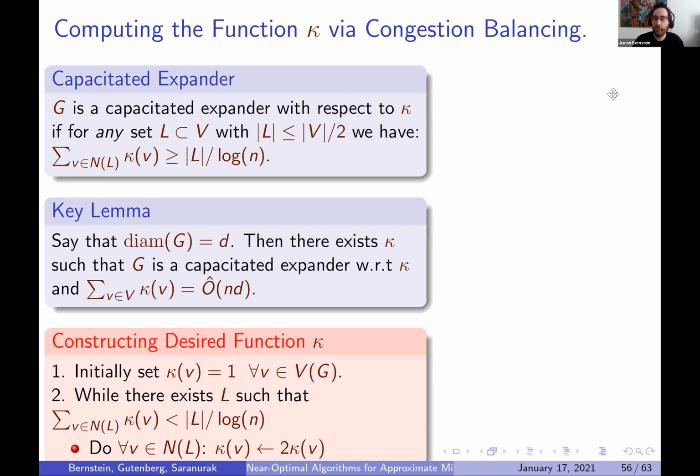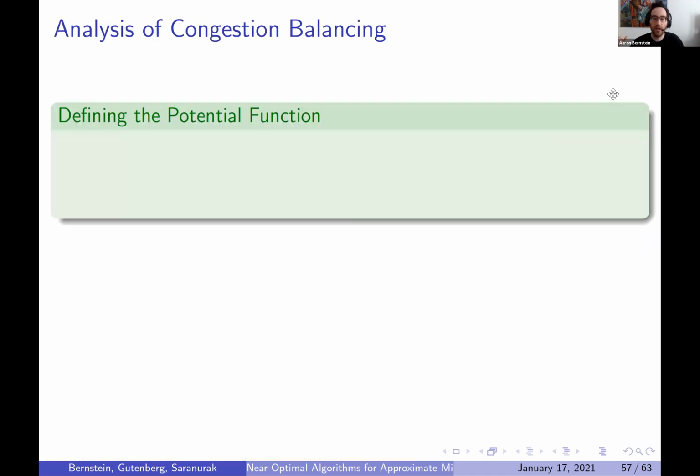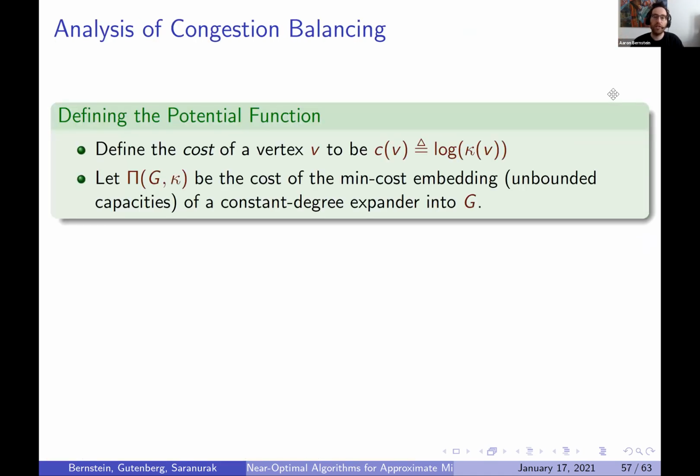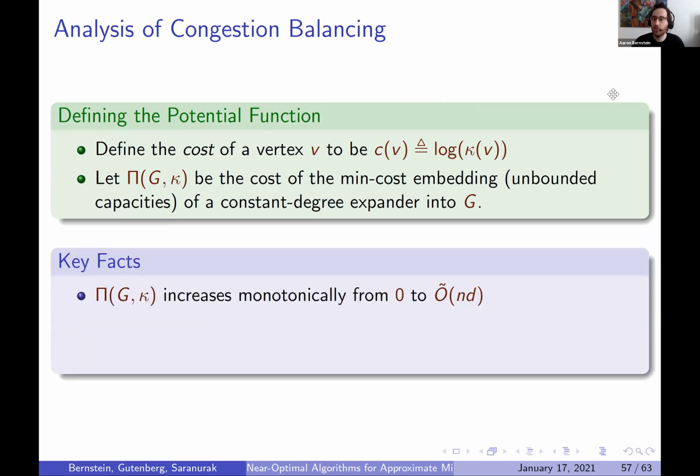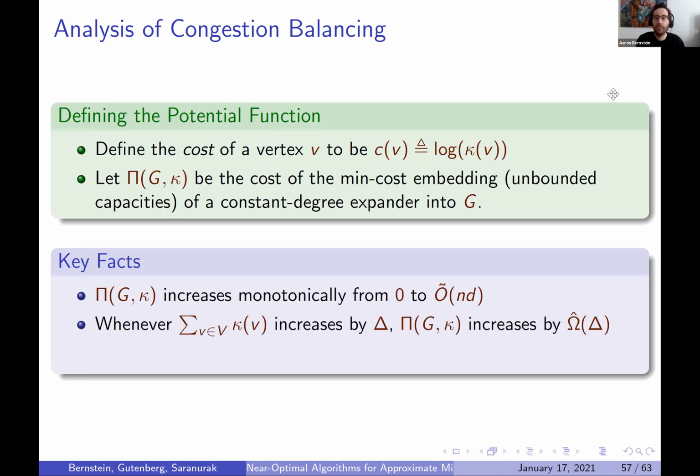The hard part is showing that if you just do this very simple thing, your total capacity will be low. And so that's a quite involved proof that I won't show. It significantly expands upon an earlier technique of ours called congestion balancing. Basically, we define a potential function where you have a graph with costs where the costs increase with capacities, and your potential function is the cost of the min cost embedding of an expander into G. And you basically can show that this potential function increases monotonically and is tethered to the sum of capacities.